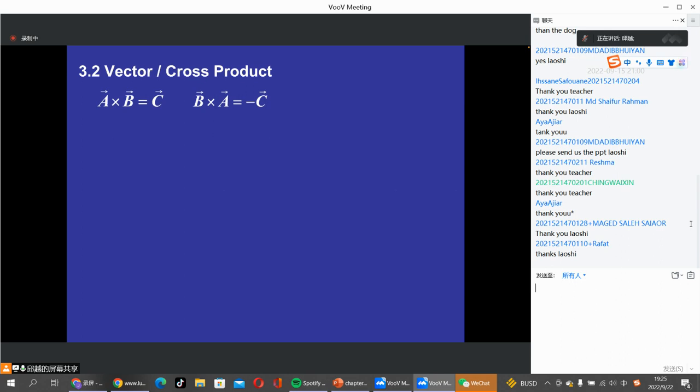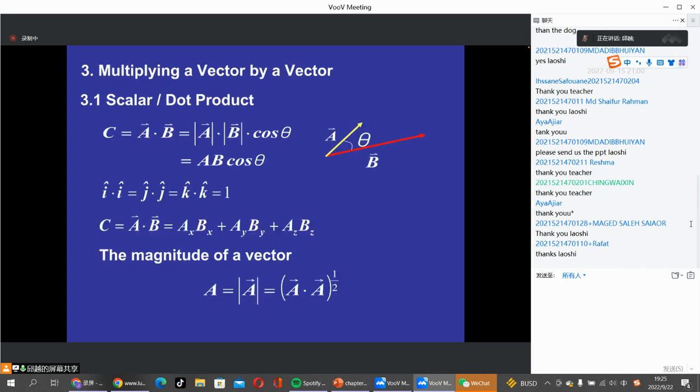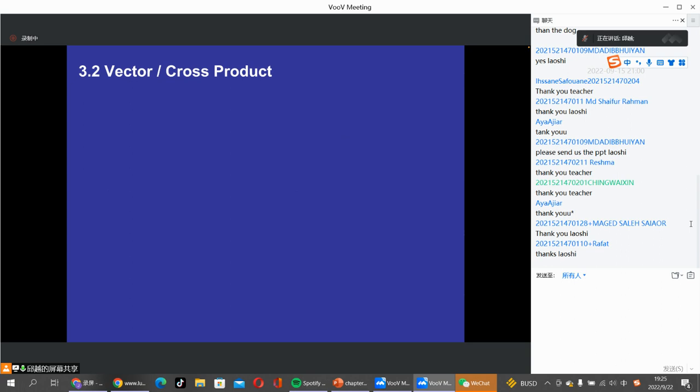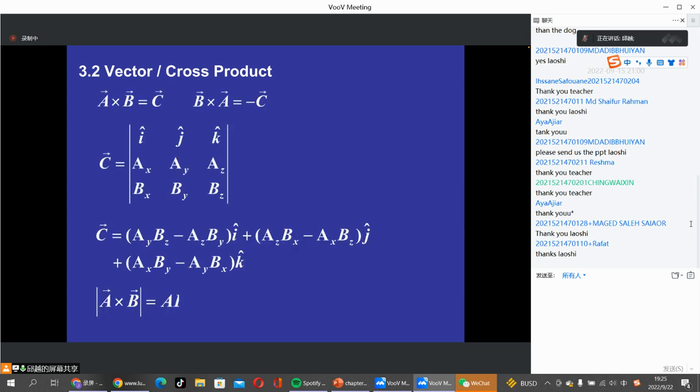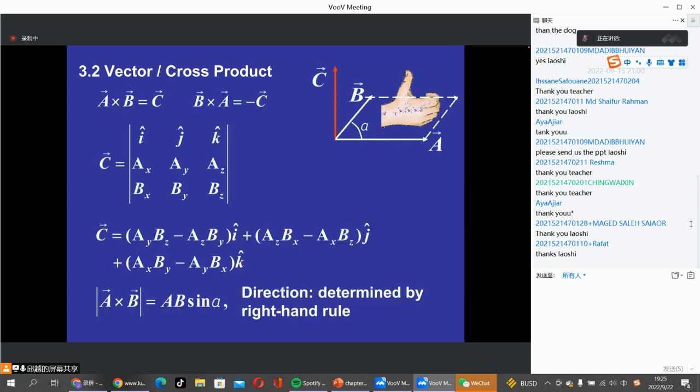We have two forms of multiply for the vector. The first is dot product, and the second is cross product. For the cross product, we need to decide the direction of the cross product using the right hand rule.